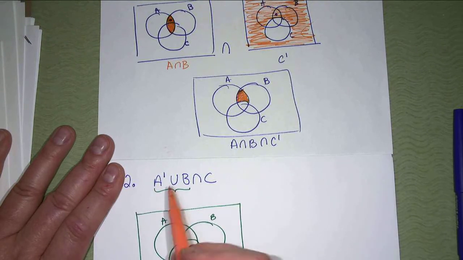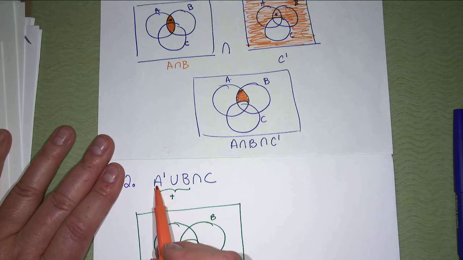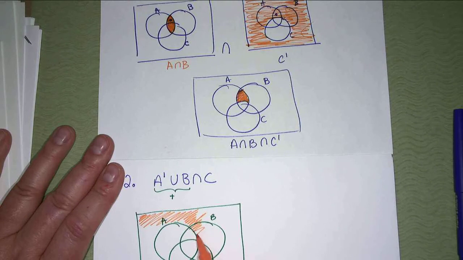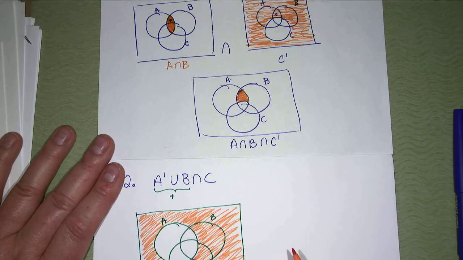So that is adding all of A prime, everything outside of A. Okay, so that's all of A prime.